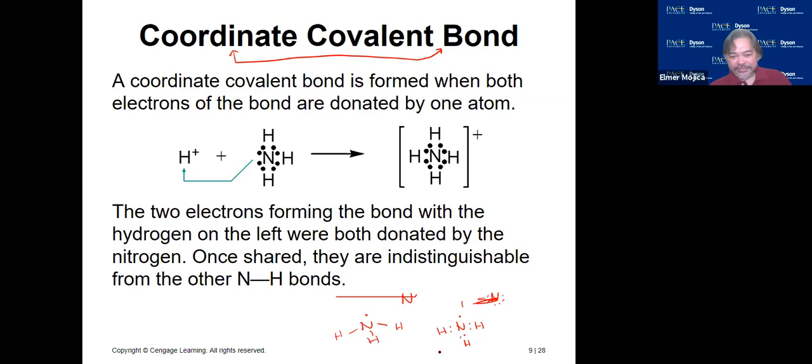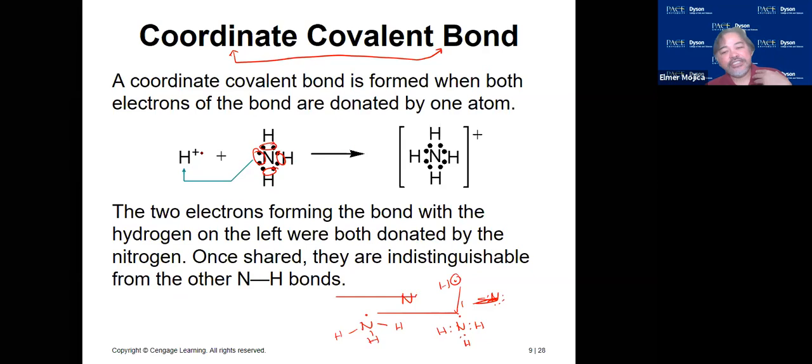So the hydrogen has one. When you have a coordinate covalent bond, both electrons of the bond are donated by one atom. So it goes to that one, and when it goes there, you have this. You have this, and this, and you still have a pair there, and that's the one that will bind with H plus.